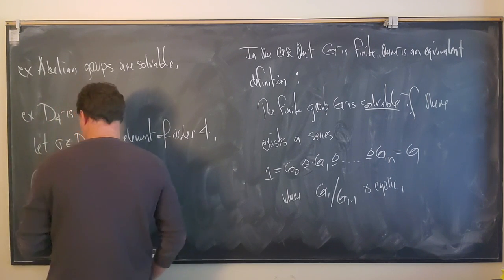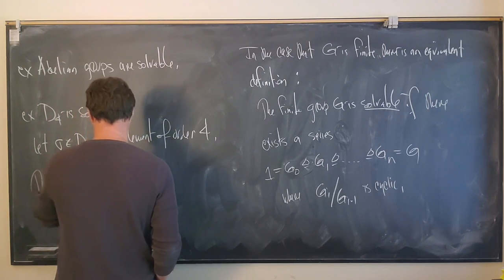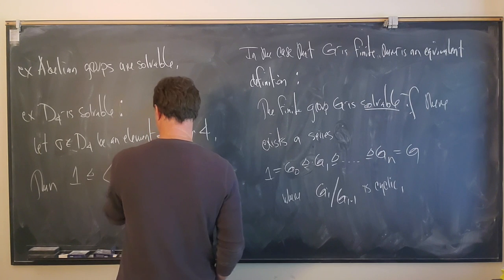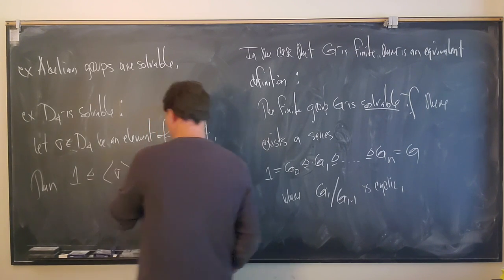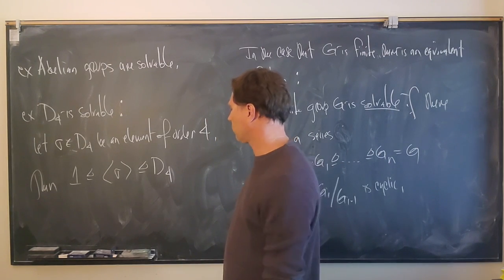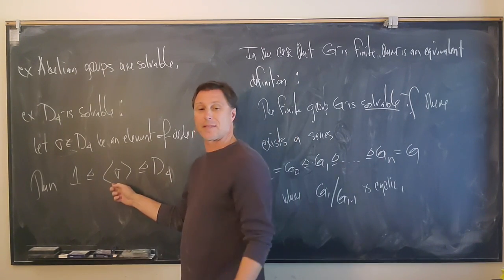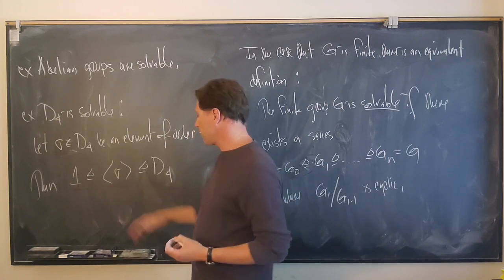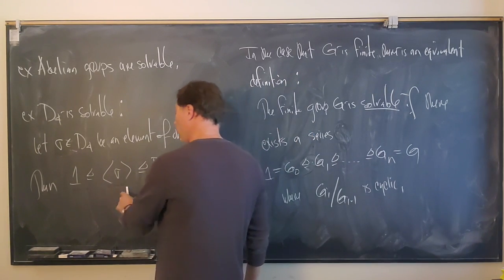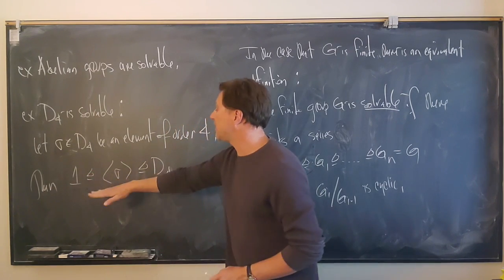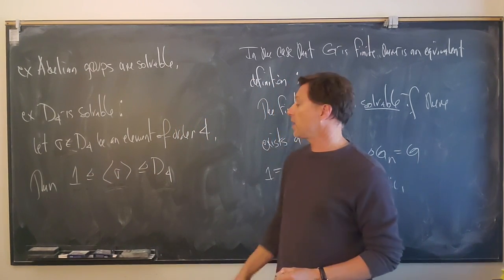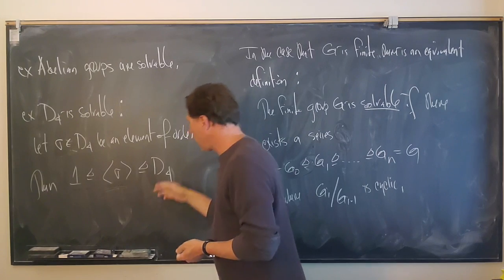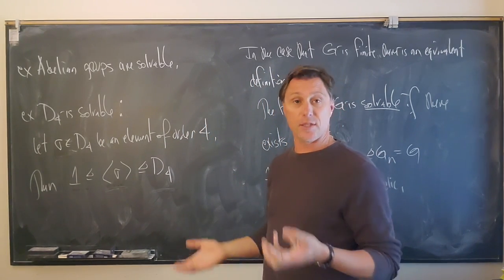We have the trivial subgroup is normal in the subgroup generated by sigma, which is normal in D4. Why is that? Well, the subgroup generated by sigma is a cyclic group, so it's abelian, which means that this mod this is isomorphic to this, which is abelian. And then this has order 4. This has order 8, which means that this is an index 2 subgroup of D4. That tells us that it's a normal subgroup, right? Index 2 always is normal. And then when you take the quotient, it will be isomorphic to Z2, which is an abelian group also.